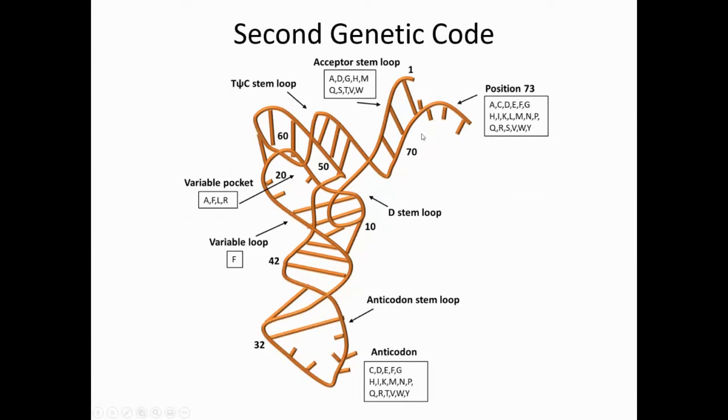So these are all sequence elements that can be the second genetic code, so that the tRNA synthetase can recognize the tRNA immediately and bring the specific amino acid to that tRNA. That's the second genetic code.